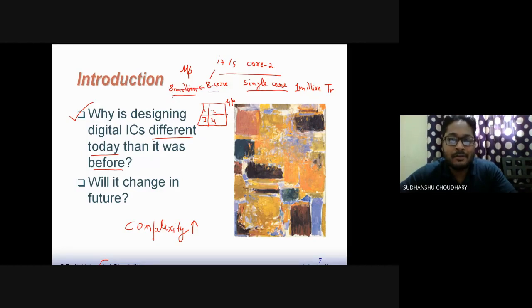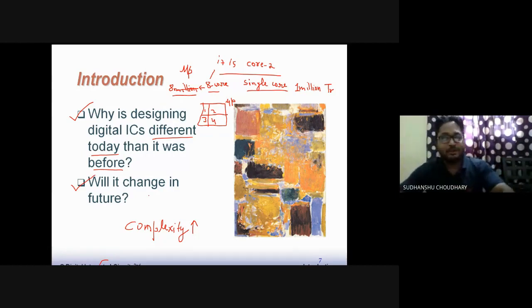There are trillions of transistors today on a single CPU, IC. So that is how it is different, and it is also difficult to design circuits with such complexity. That is, trillions of transistors on just one chip, and that one chip is only maybe a few millimeters square. The area is a few millimeters square. Now the next question is, will this thing change in future?